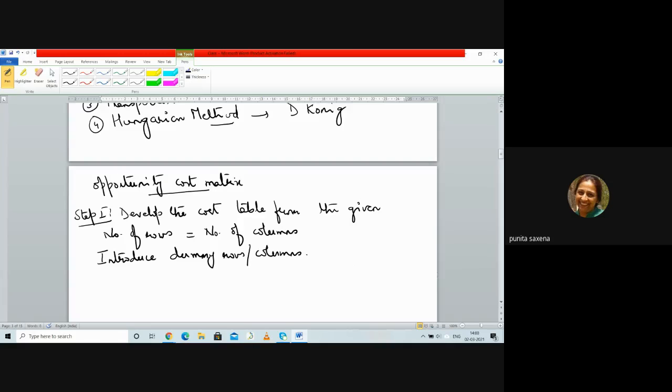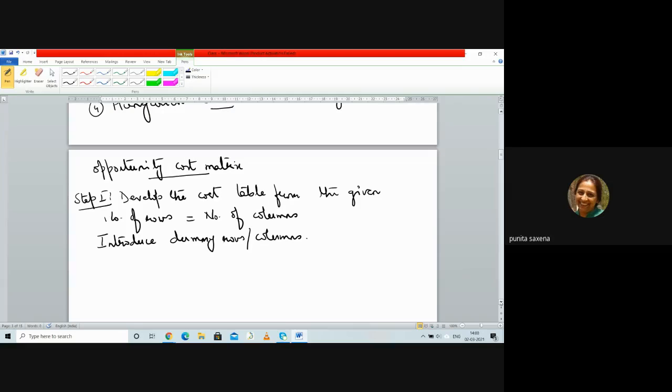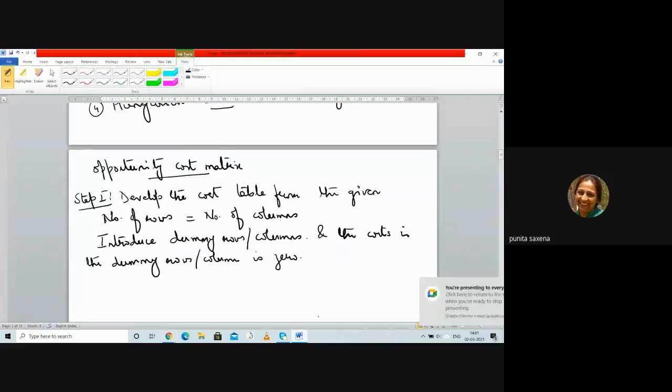Depending upon the requirement, whether we want to add a row or a column, we introduce dummy rows or columns, and the costs in the dummy rows or columns are always taken as 0. Is this clear? Yes, ma'am. Okay, fine, we move on.